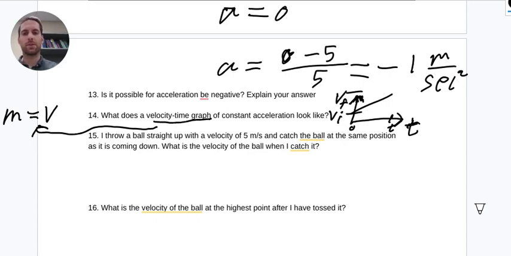All right, for this question, the answer will be -5. The reason for that is we can actually break this problem up into two segments. We know when we get to the very top, for 16, the highest point, the velocity is going to be 0 at the highest point.